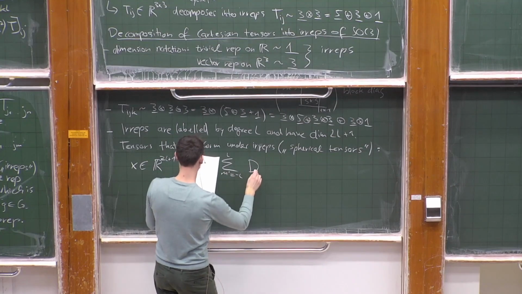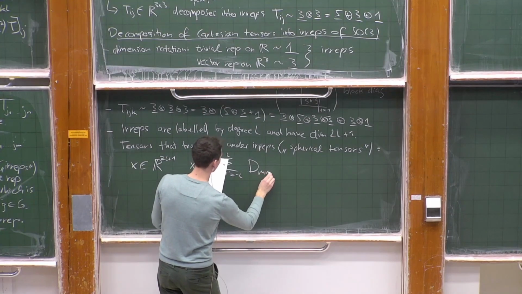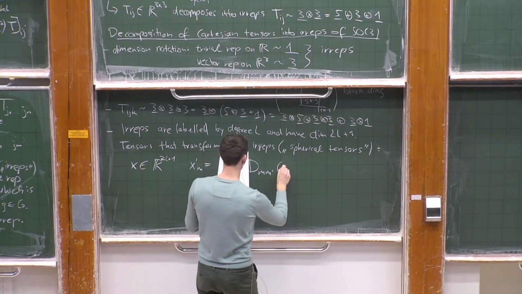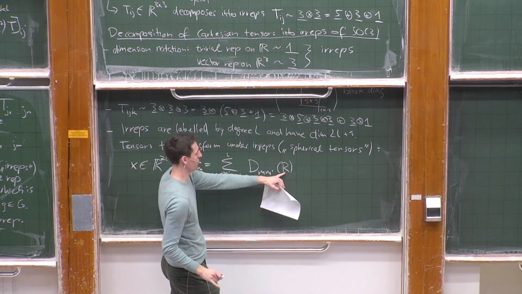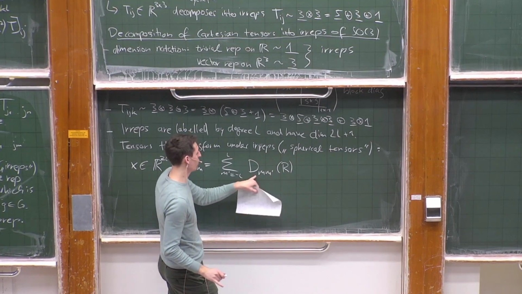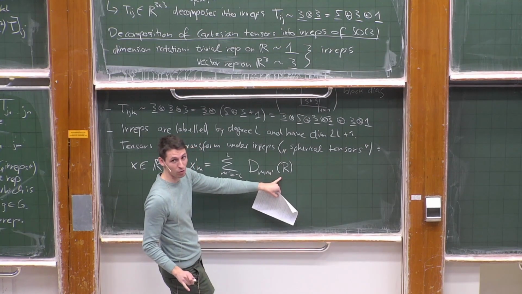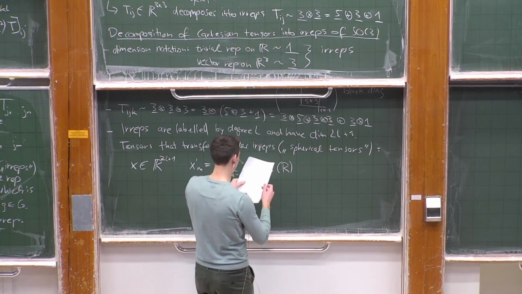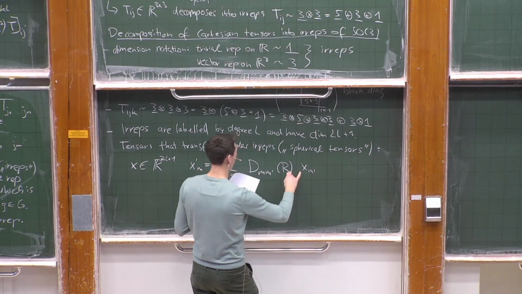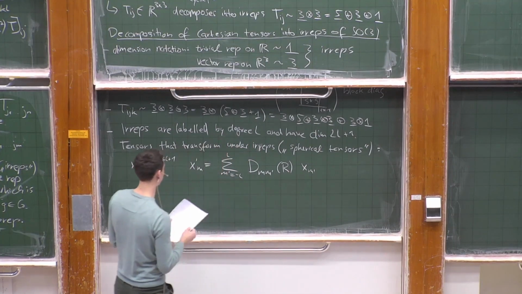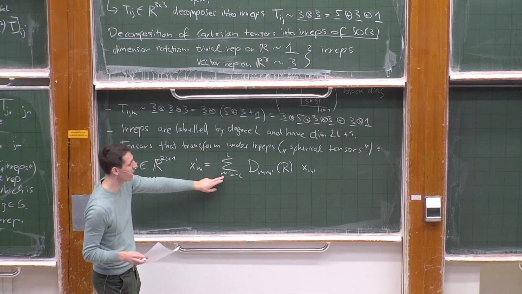Here we use the so-called Wigner D matrices, which give us the representation from a rotation in 3 dimensions to a matrix that is 2L plus 1 times 2L plus 1 dimensional, and can then act on this tensor. And this is a bit odd here.